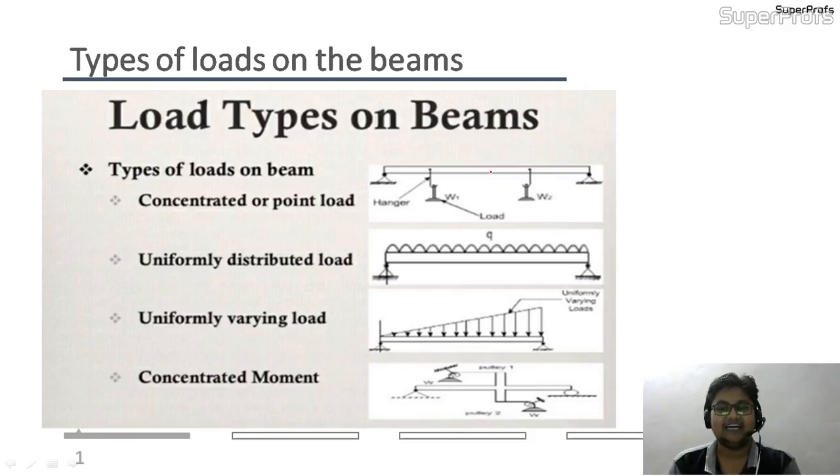Then it becomes a cantilever beam. There are various examples that you will be able to relate to the things around you. I just gave you an example.